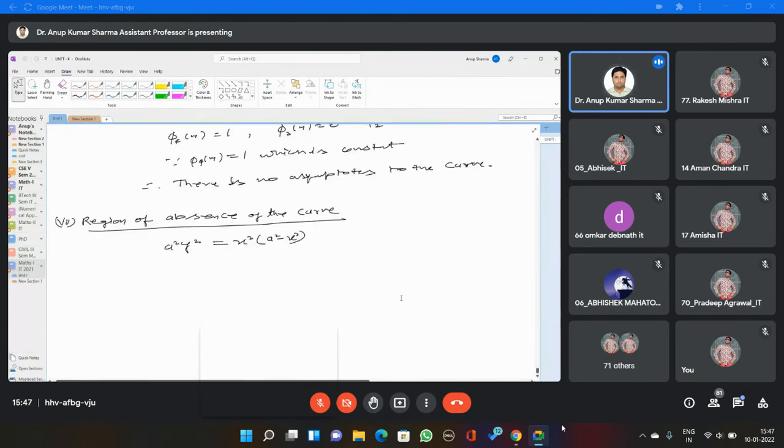In this expression we need to find for what values of x and y the expression is not defined, which means the curve has no region.